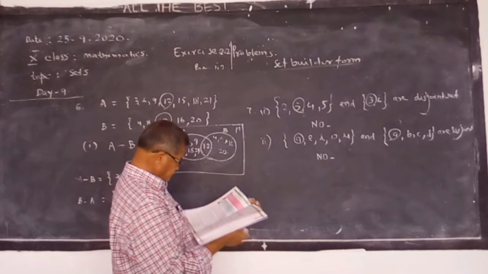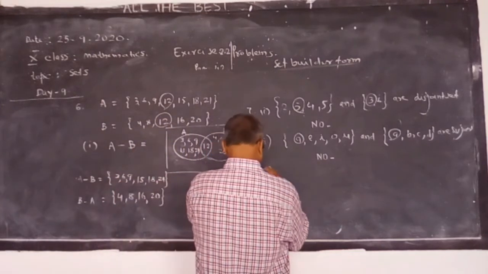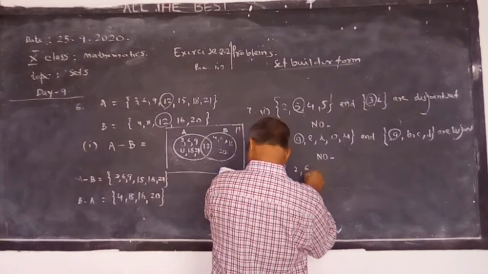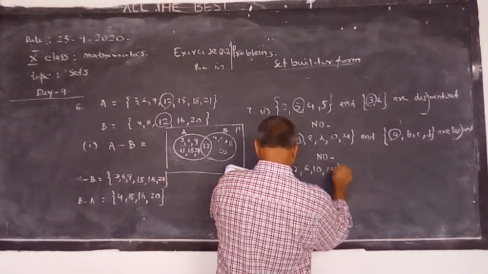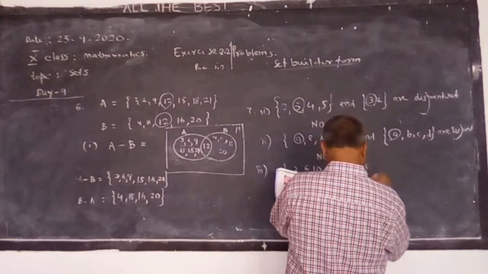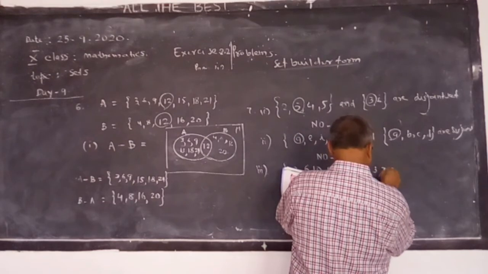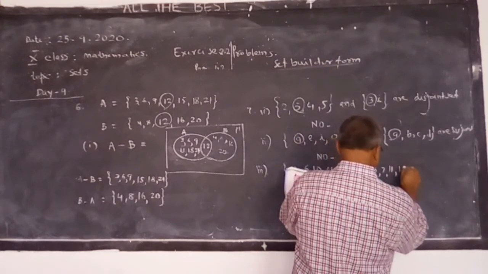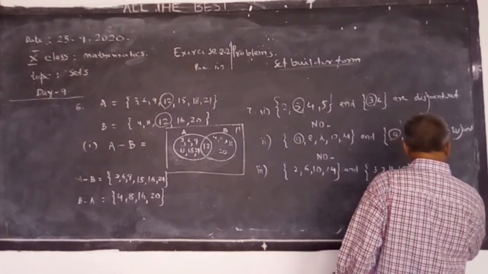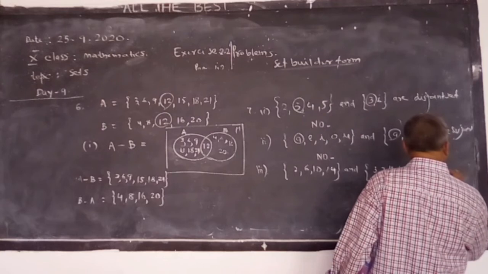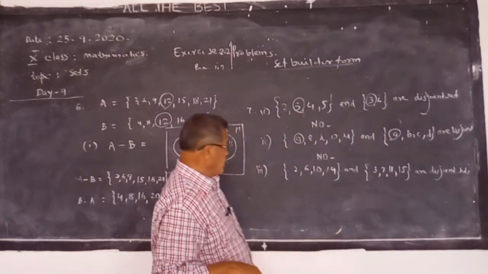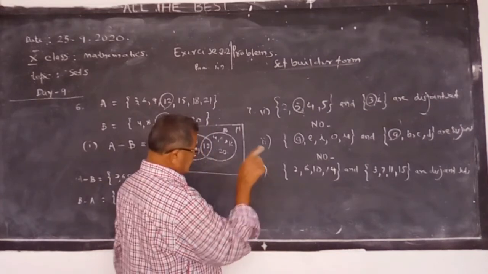Third one. {2, 6, 10, 14} and {3, 7, 11, 15} are disjoint sets. Is there any common element?